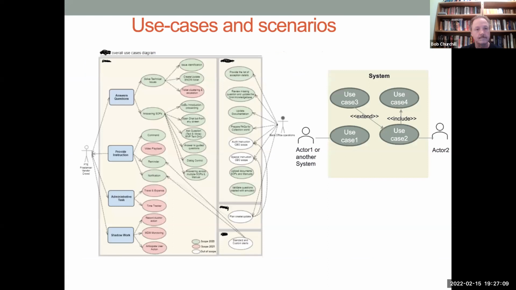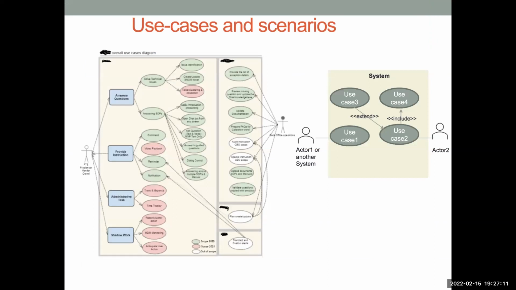Okay, so use cases and scenarios. By the definition in the BABOK, and that's how we also use it in my organization, this starts from a graphical representation of the high-level user-system interaction.